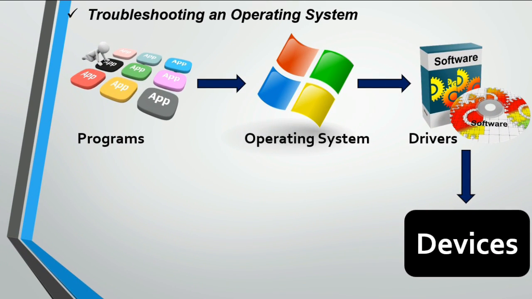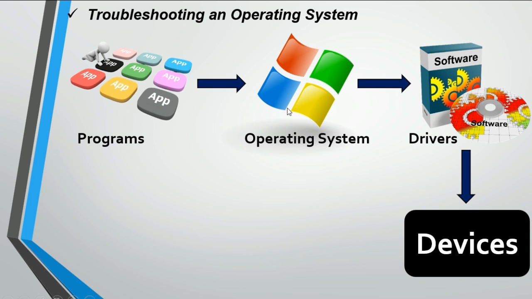Troubleshooting an operating system. So, as you know, the operating system or Windows is the most important software in any computer. So there is the operating system, programs, and drivers.